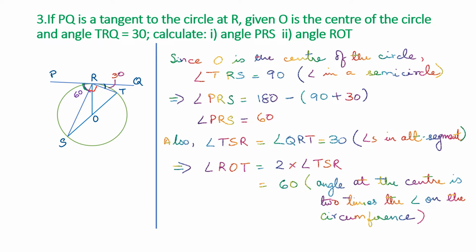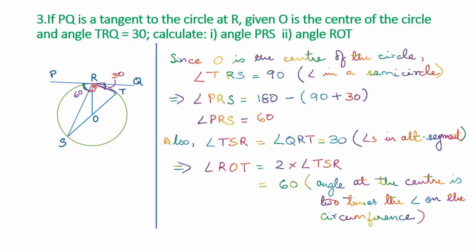Now we have been asked what is angle ROT. To find angle ROT, what we do is, you observe this angle is equal to 30 degrees, which implies RT is dividing the circle into two segments, and this is the major segment.